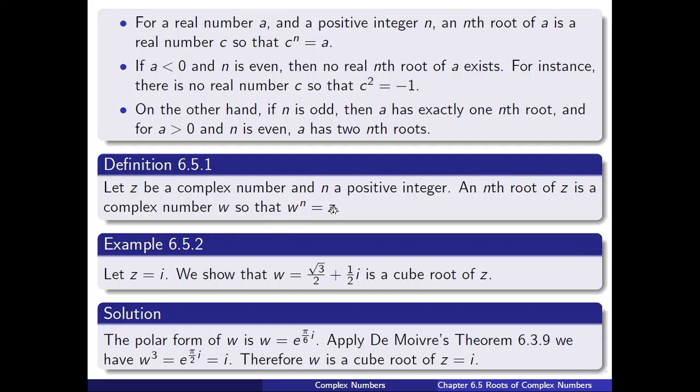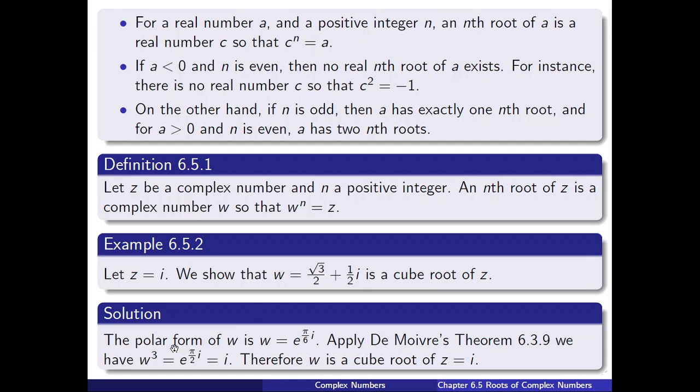So for example, if we take the example in 6.5.2 where we've got z equals i, we then show that w, which is root 3 over 2 plus half i, is a cube root of z. How do we do that?